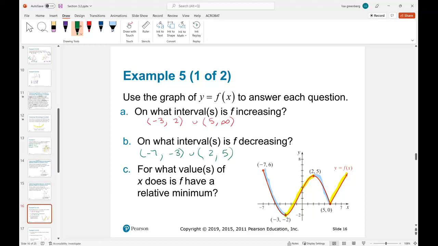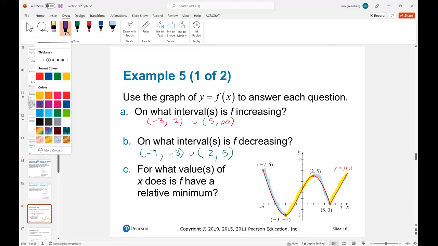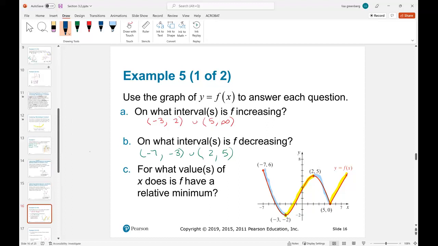And now it says, for what values of x does f have a relative minimum? So, what color? I need a new color. I think I'm done with the purple. Let's try blue. Okay. So, relative minimum.